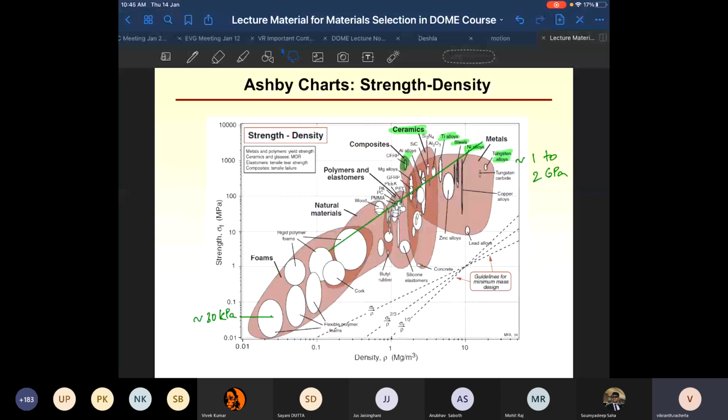For panels, once again, foam wins for the panels. So if I actually take a line with the slope for the panel, okay, I'm having trouble generating this slope. I don't know why. Let me do this again.